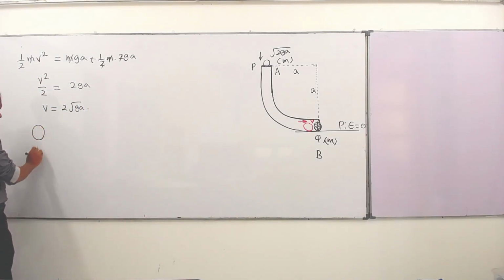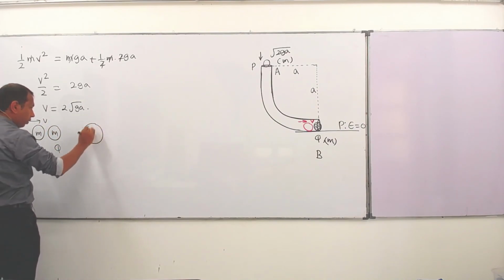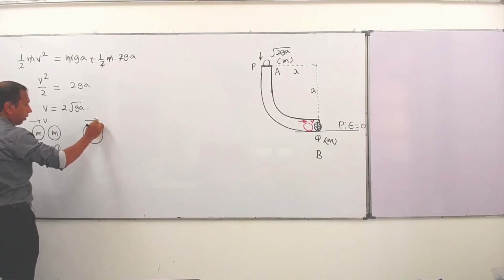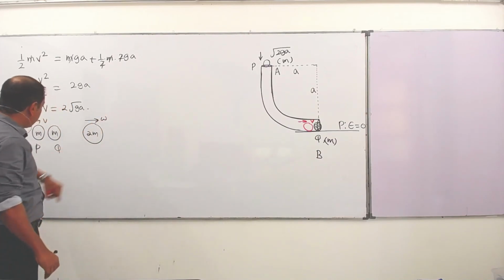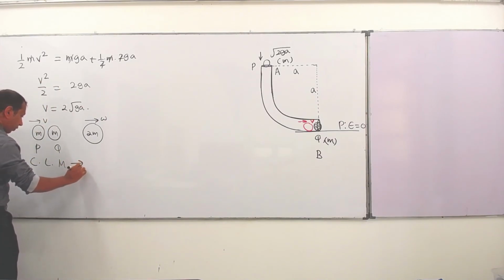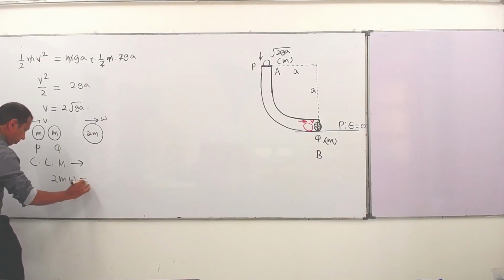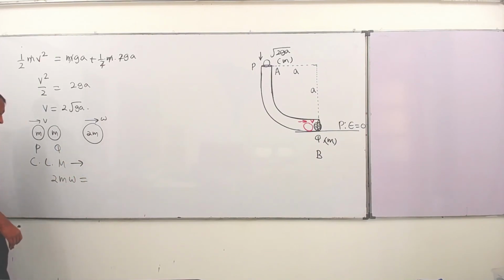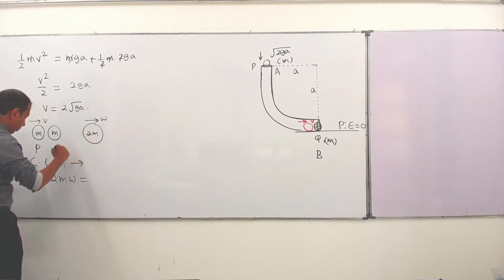Just before the collision P is moving with velocity v, Q is at rest. After the collision the 2m particle moves with velocity w. Now for this collision you can apply conservation of linear momentum: before the collision mv, after the collision 2mw.